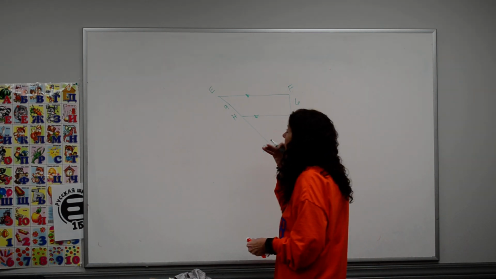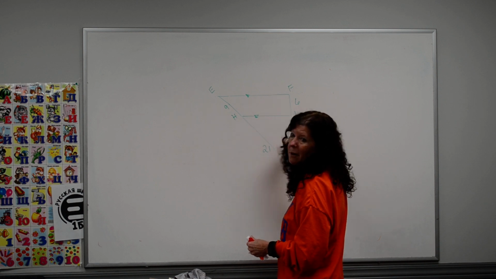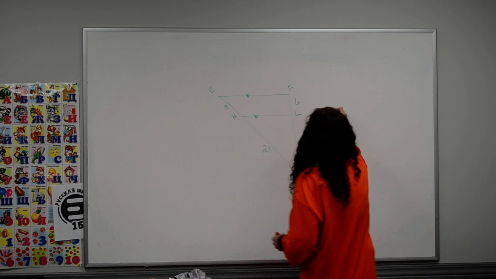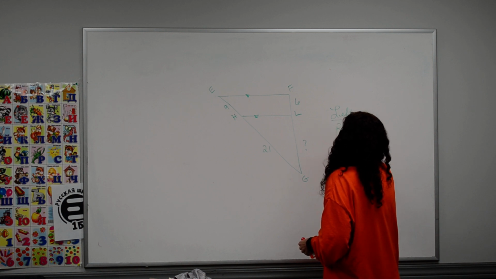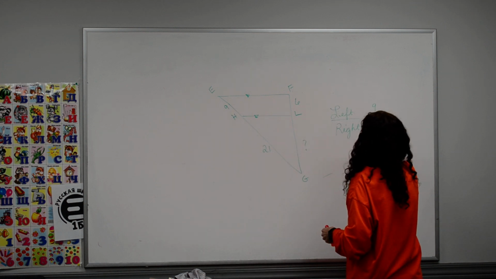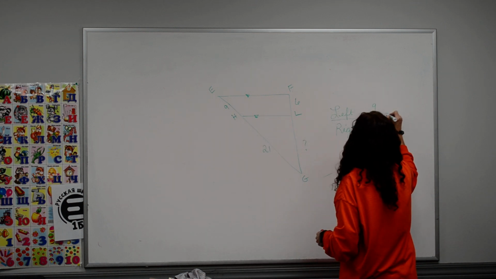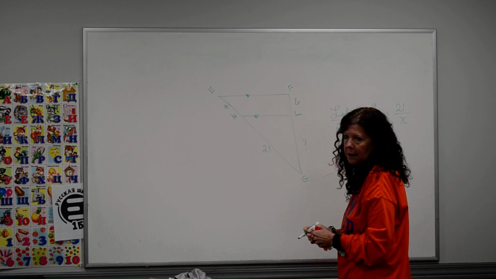Now, again, I can choose to go left, right, or I can choose to go top, bottom. If I go left, right, I can go 9 is to 6 as 21 on the left is to my question mark on the right.